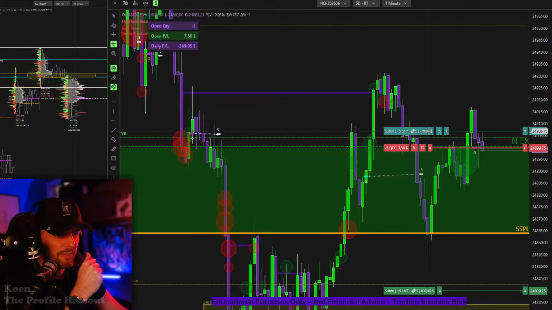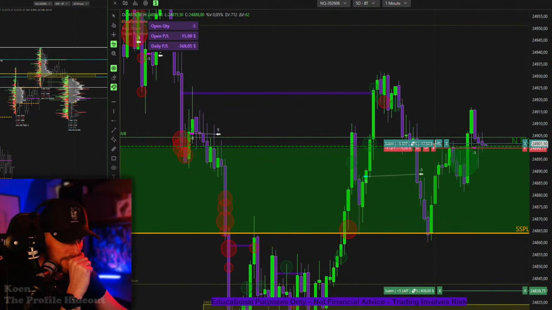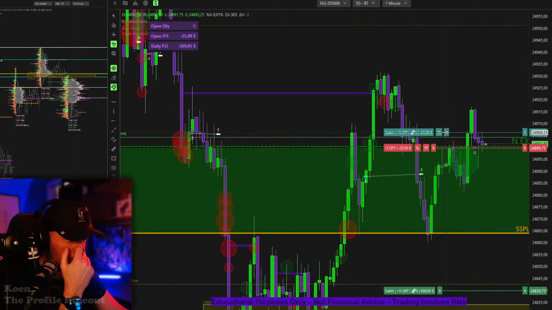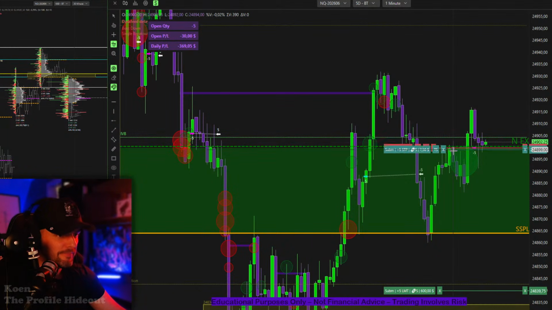It's a bit of a flip zone here, but I'm giving the auction of today. I like it short though at this point. Not ideal though. This thing is consolidating.